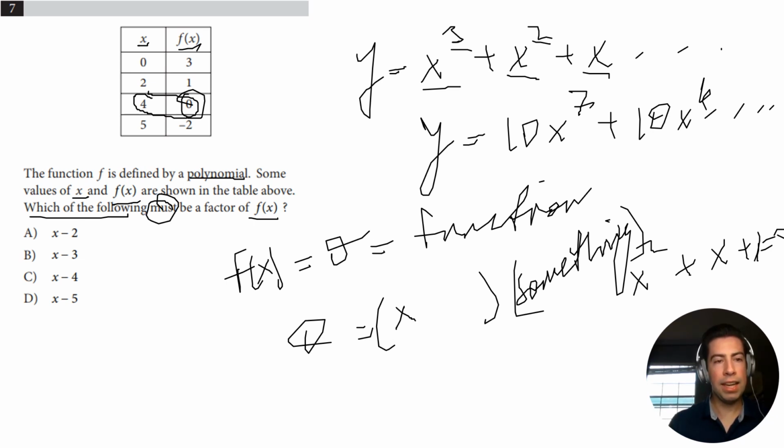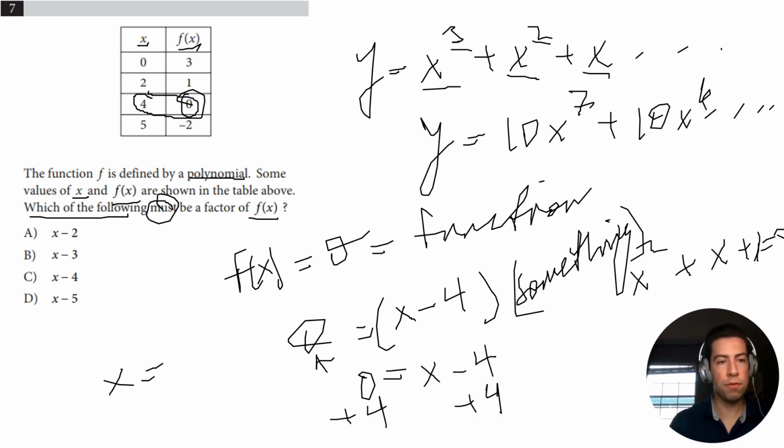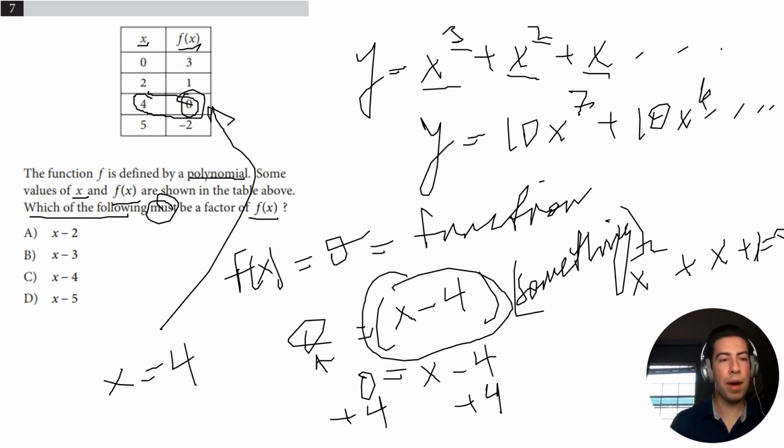And if the value of x whenever y is 0 is 4, we know that this has to be minus 4. Because if I have 0 equals x minus 4, I add 4 to both sides, and then I get x equals 4, and this has to be true, okay? So what that means is that a possible factor has to be x minus 4.